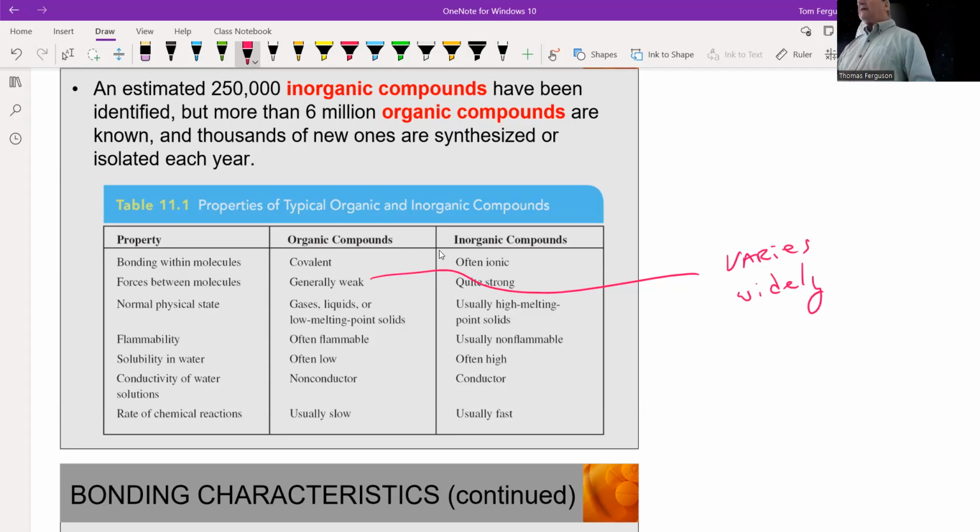In fact, some of the anti-flame retardants are organic, which obviously are not particularly flammable. They're low in solubility in water, and because they're non-ionic, they're not conductive, except for the highly ionic organic compounds like acids and bases, which conduct electricity fine. And it says reactions are usually slow.